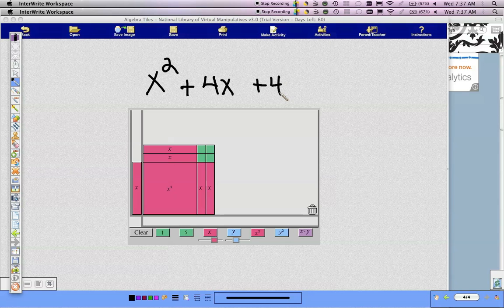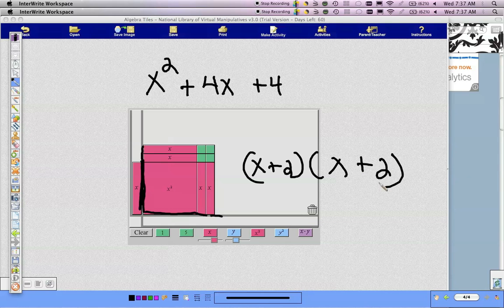And what you can actually see is that if I were to factor it visually, the length of this big square is x and then 2 more units, so x plus 2. And the width is also x and 2 more, so x plus 2.